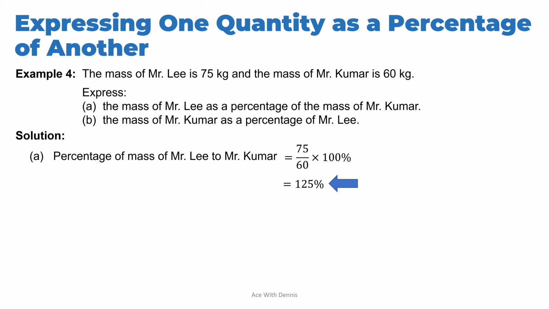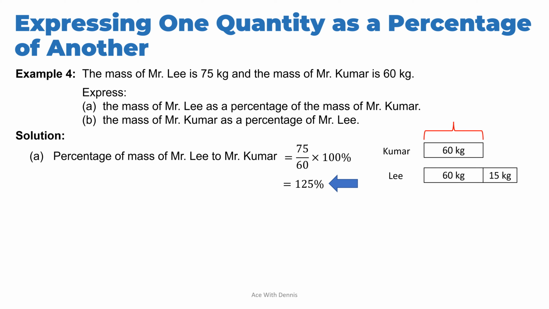To illustrate this percentage 125%, let's demonstrate it on the bar model. Kumar's mass is 60 kilograms and Lee's mass is 60 kilograms plus 15 kilograms.